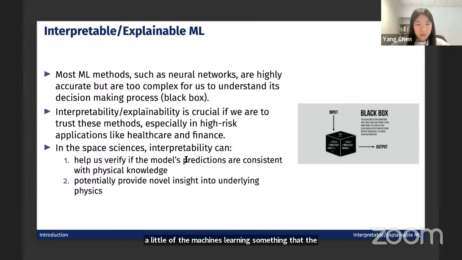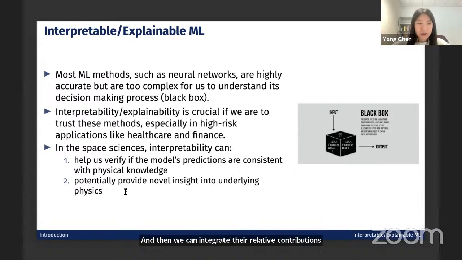And then potentially, we also want to provide some novel insight into the underlying physics. One example of this is that we can construct all kinds of linear and nonlinear combinations of input parameters, tuning parameters, or physical quantities as inputs into our machine learning model. Then we can interpret their relative contributions to a particular prediction problem.